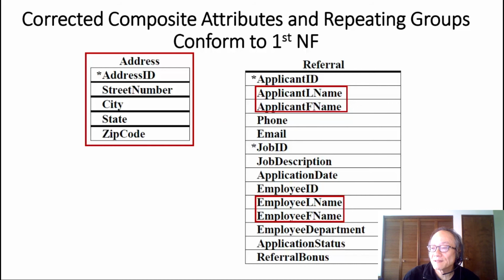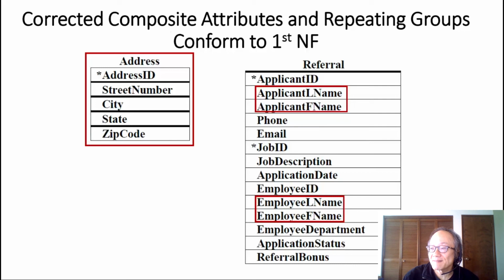We corrected the composite attributes by splitting them into atomic attributes. We corrected the repeating group issue by creating a new entity, address. This design conforms to the first normal form.